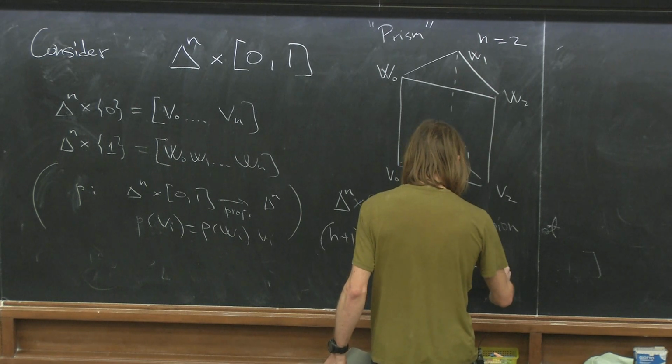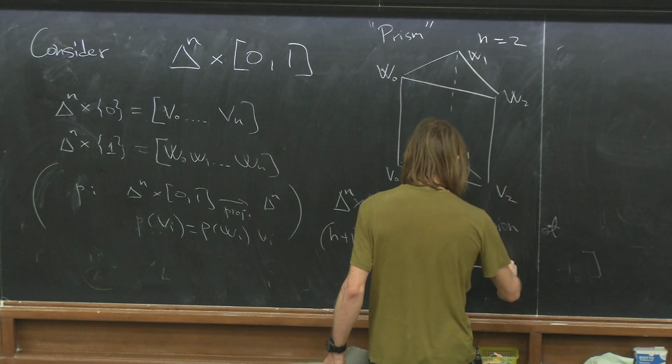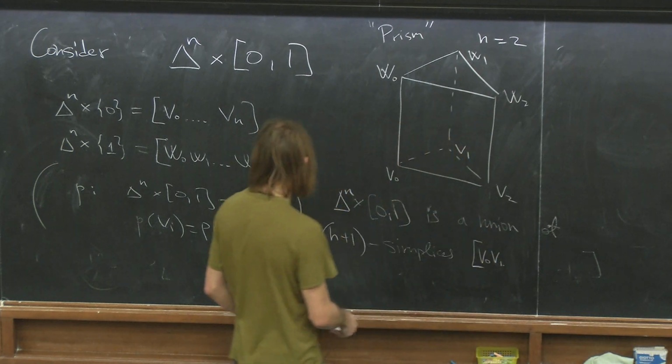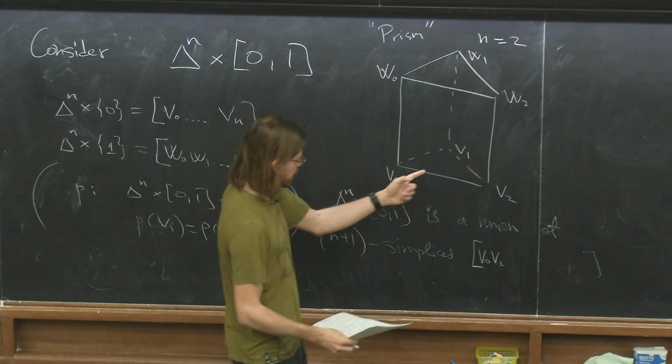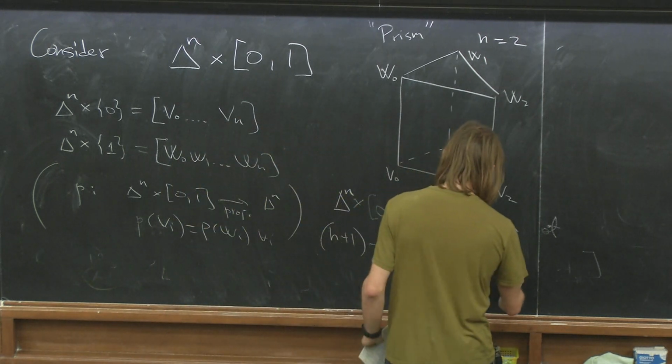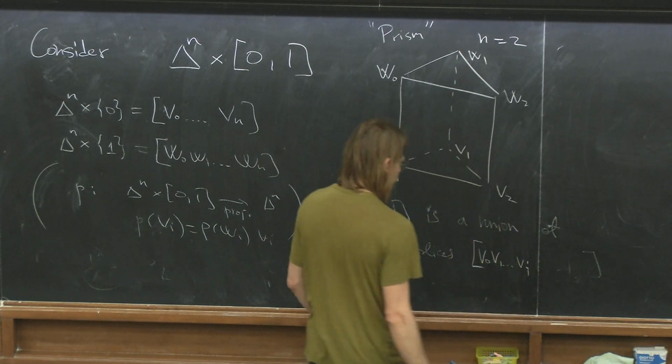We first consider a sequence of vertices the same as we have in the bottom simplex, V0, V1, till Vi.